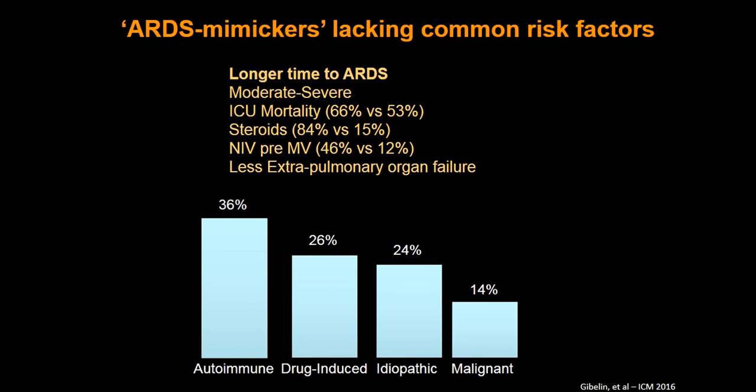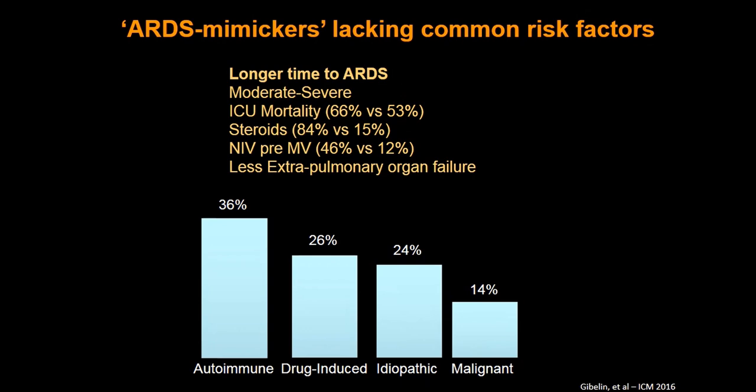But the reason why the less than 1 week is important is because there are lots of other conditions that here we call ARDS mimickers, which lack the common risk factors. And these patients have a much longer time to developing ARDS, sometimes weeks. They present with moderate to severe ARDS rather than mild.